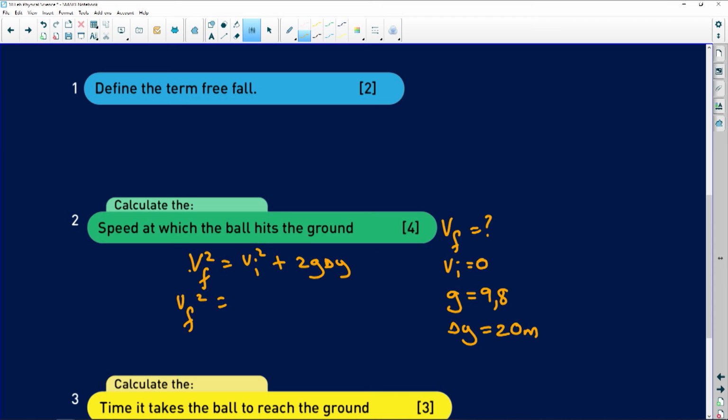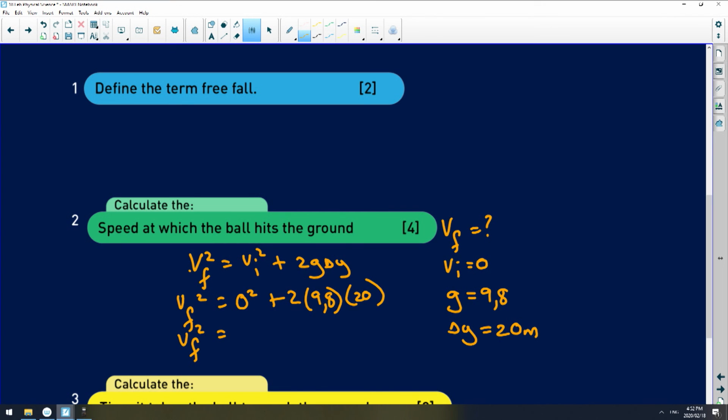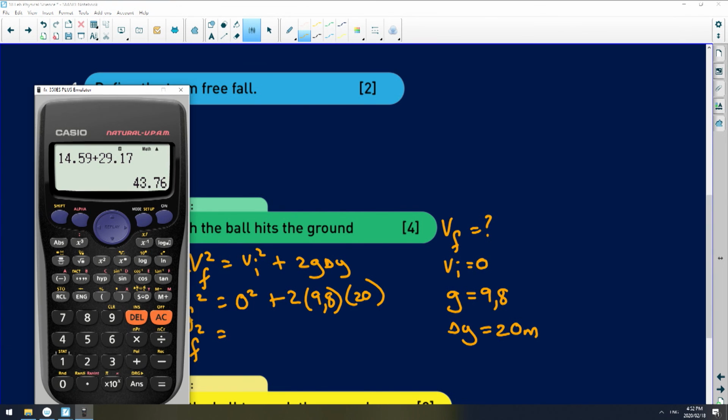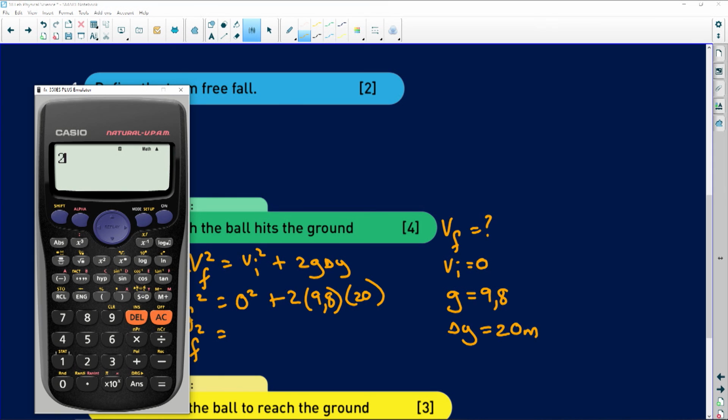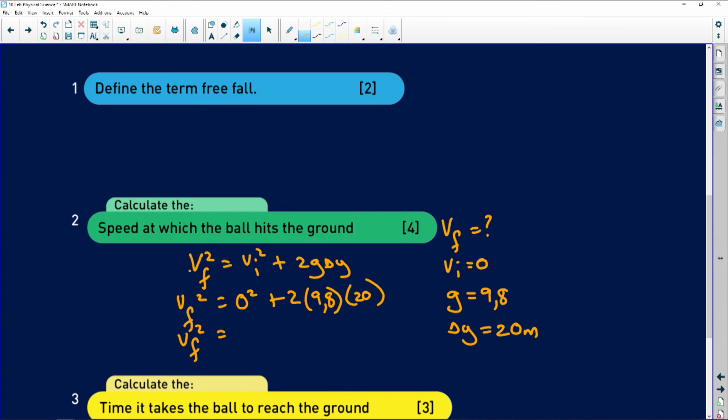V initial was 0 plus 2 times 9,8 times 20. All right, so V final squared is equal to, so we need our faithful calculator. So we're going to have 2 times 9.8 times 20, and that is equal to 392.